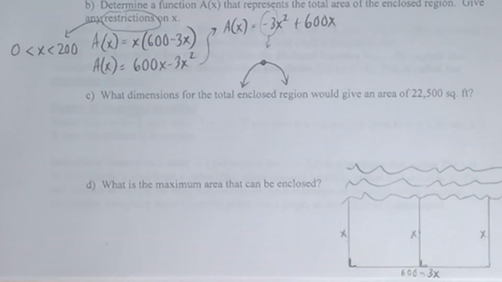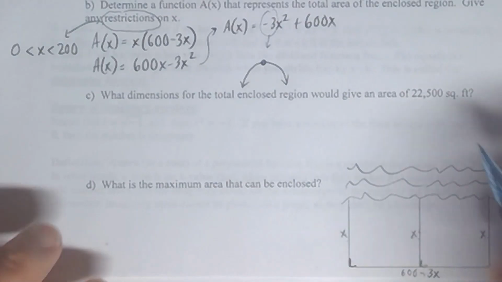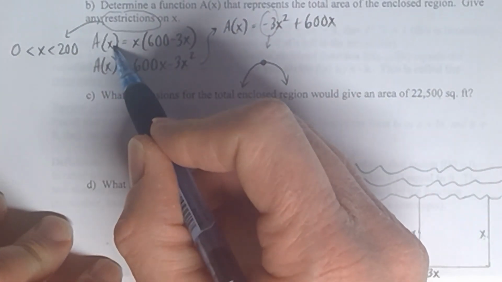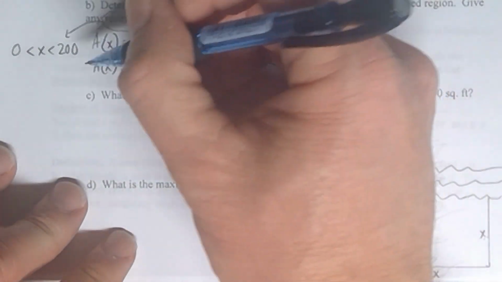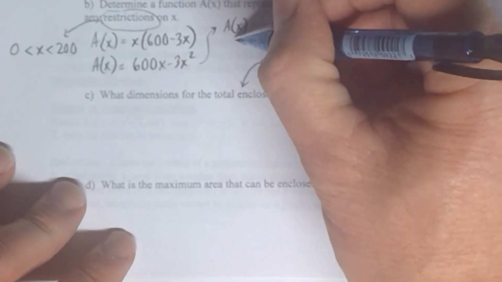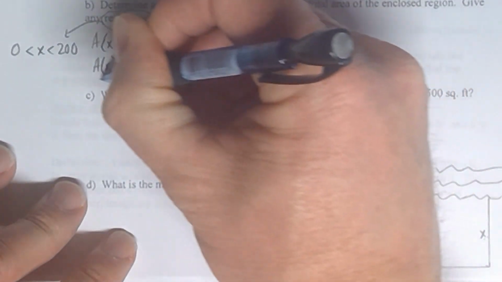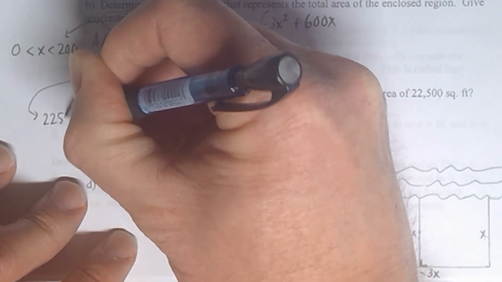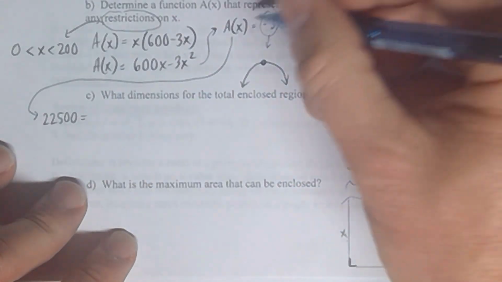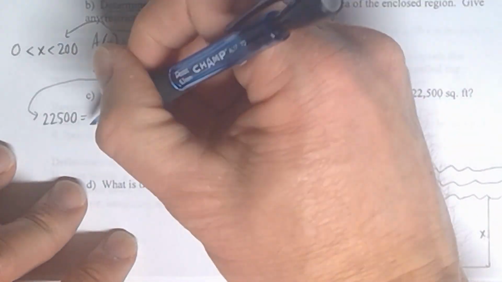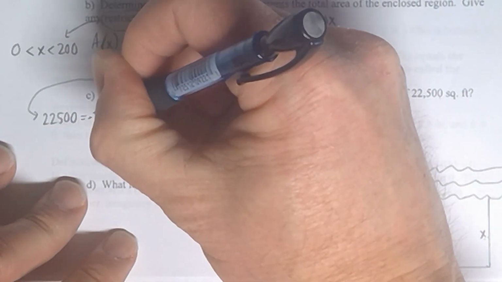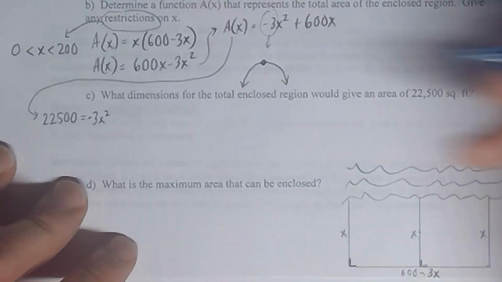Next part here says, what dimensions for the total enclosed region would give an area of 22,500? Now remember, A(x) is called A for a reason. It's because it is the area. And so if they say the area is 22,500, then we plug 22,500 into the A(x) right there, just like plugging a y value into an equation and figuring out what the x is that goes with it.